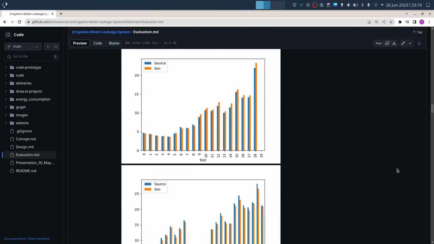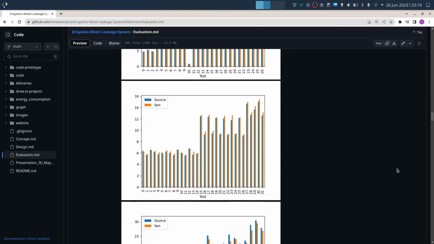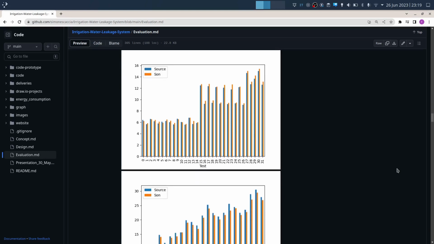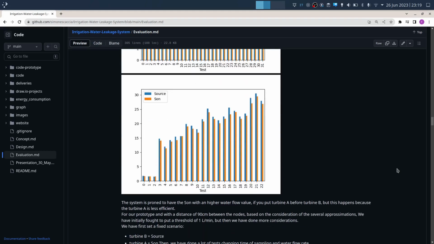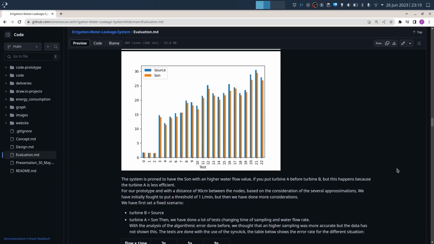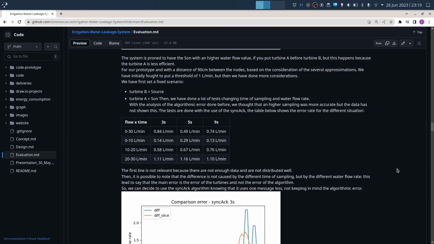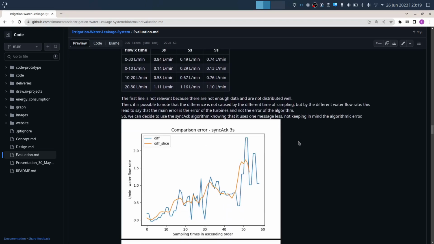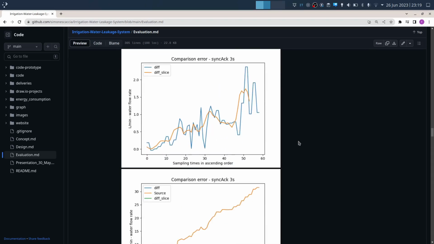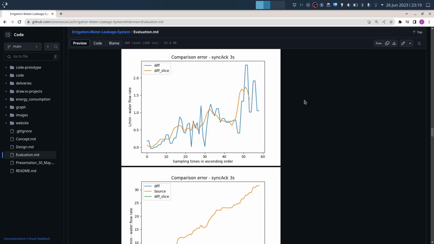And about this, we have observed that the error does not depend on the sampling time, like before with the algorithm error, but only on the increase of the water flow rate. Indeed, we have observed that there is an increase of error when there is an increase of the water flow rate. This analysis can be seen in the sliding window graph, and this is true for 3 second, 5 second, and also 9 second sampling.